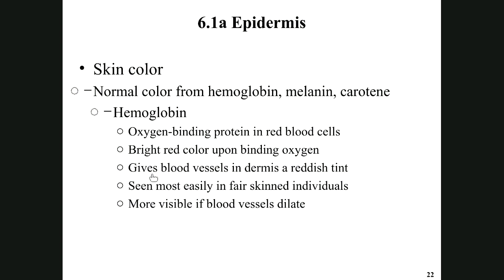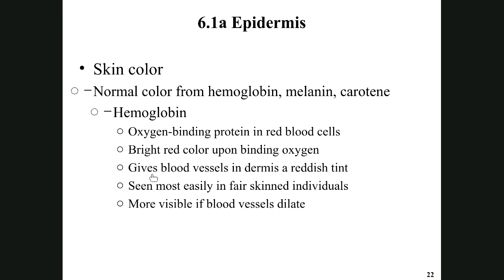So when we have vasodilation at the time of hot temperature, when we flush, you see that the color of the skin becomes red because our blood vessels go to vasodilation, they increase their diameter, we have more red blood cells in these blood vessels, so the color of the skin becomes more red.